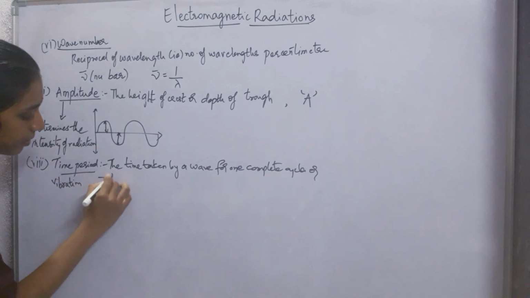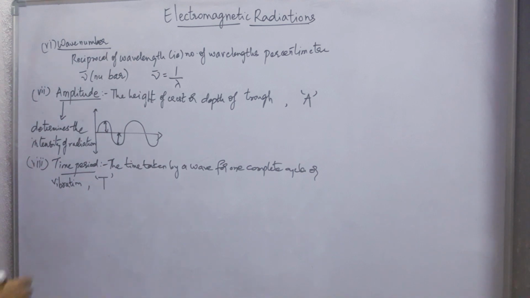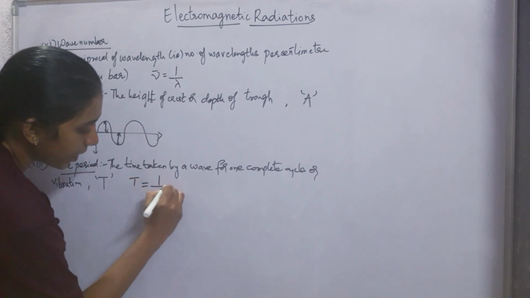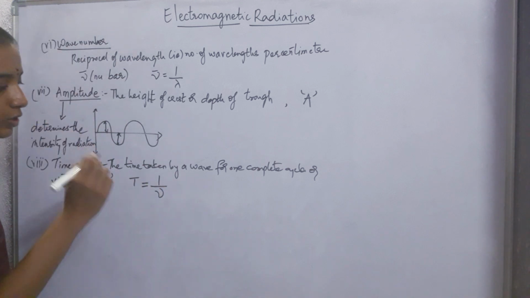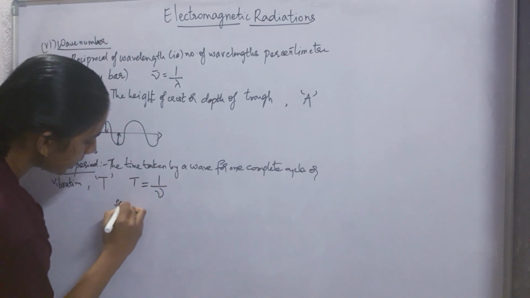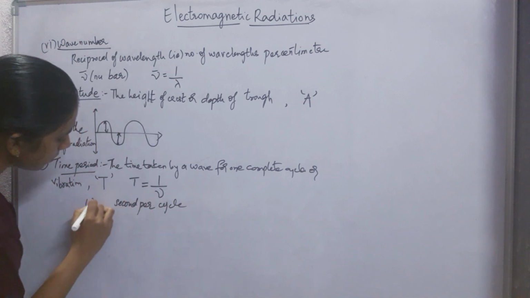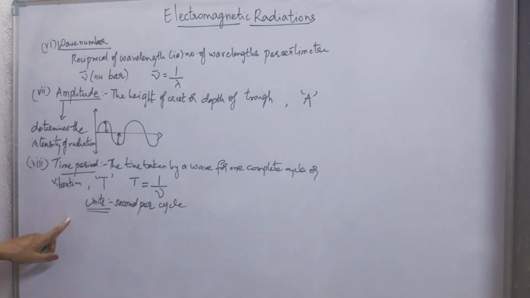It is denoted by capital T. Okay, so T is equal to 1 by nu, and its unit is second per cycle. Okay, so this is time period.